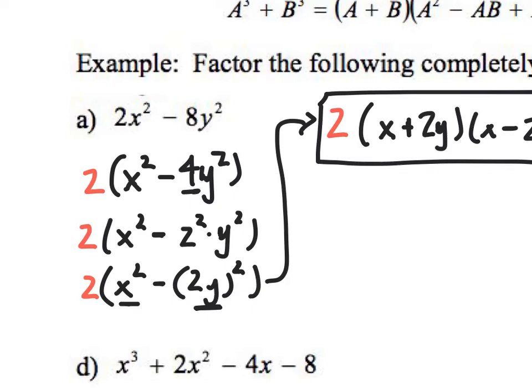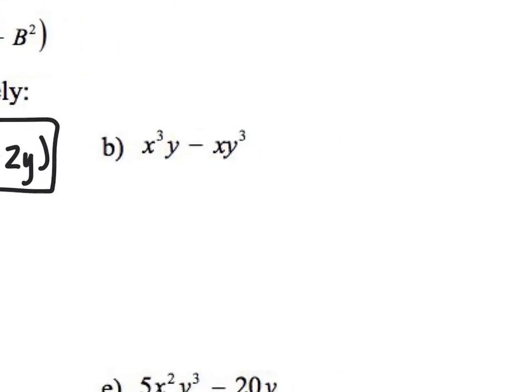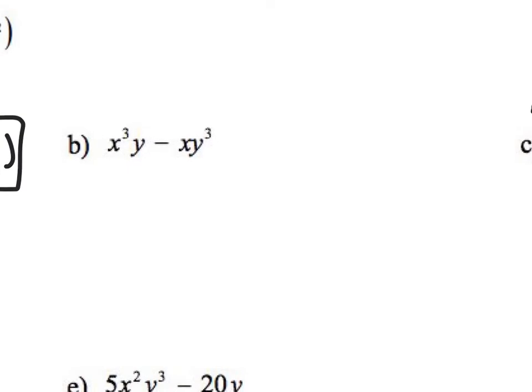So let's take a look at another one. On this one, this looks a little confusing: x cubed times y minus x times y cubed. Well, the common thing that I can factor out of here is a common xy. If I factor out an xy, then what you're left with is simply x squared minus y squared.